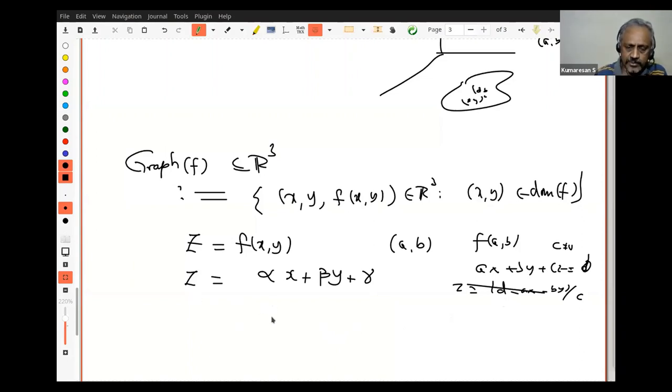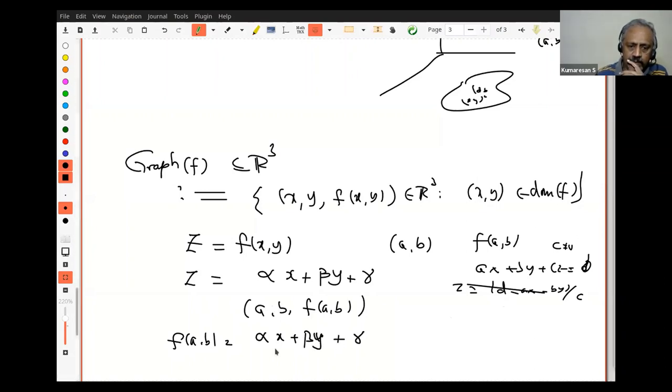I want to find the equation of the tangent plane. This should be passing through the point (a, b, f(a, b)). What does that mean? The z coordinate of this point must satisfy this equation. That means f(a, b) must be equal to αx + βy + γ, when x = a and y = b.